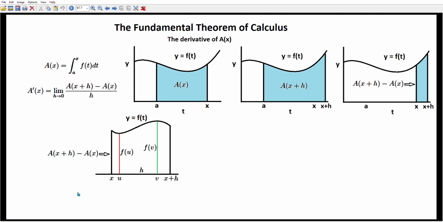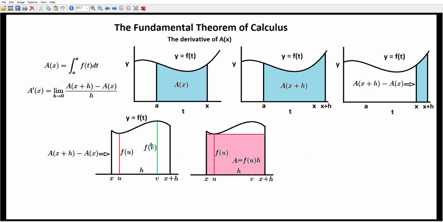Now, what we're going to do is expand this little section and observe that someplace in here is the smallest height that you're going to see, and that's going to be at u. And somewhere in here is the largest height you're going to see, and that's going to be at v. If we look at the area of this region, it is bigger than or equal to the rectangle we get when we use the smallest height as the height of the rectangle.